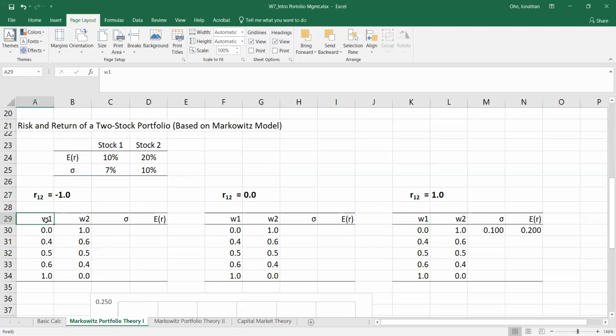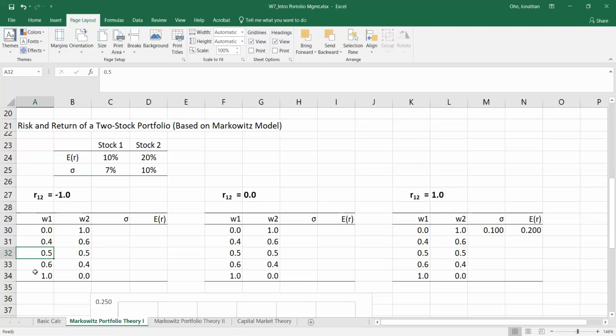Now the weights. For stock 1, in the first case you invest 100% of your capital in stock 2. The second case, 40% in stock 1 and 60% in stock 2. Now the third case, 50%.